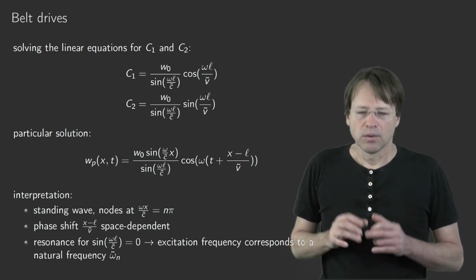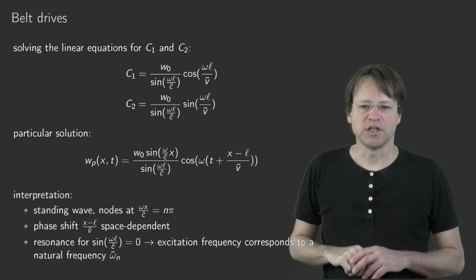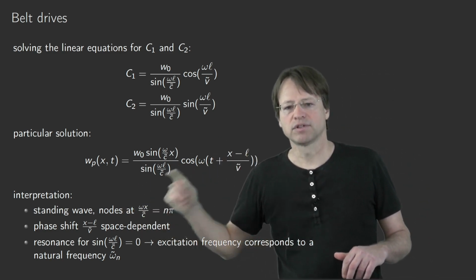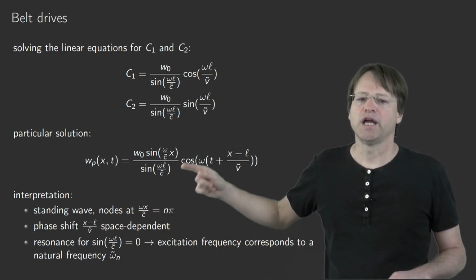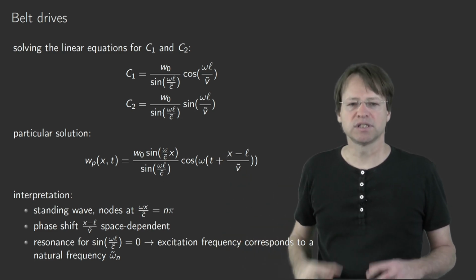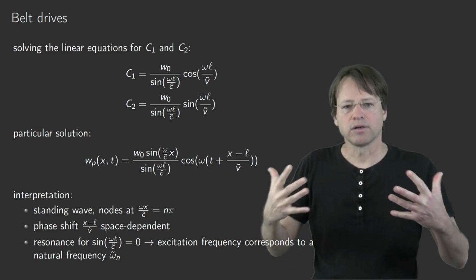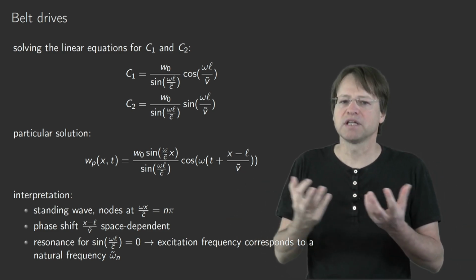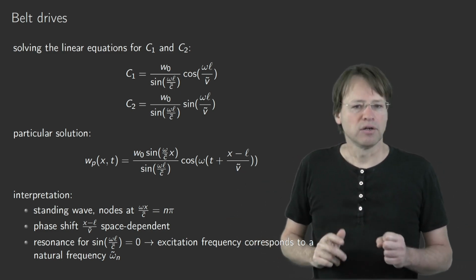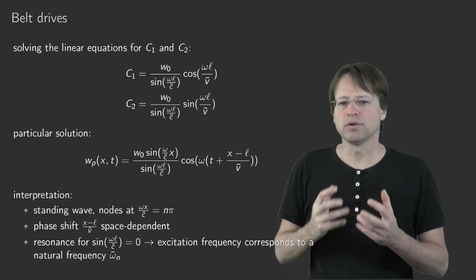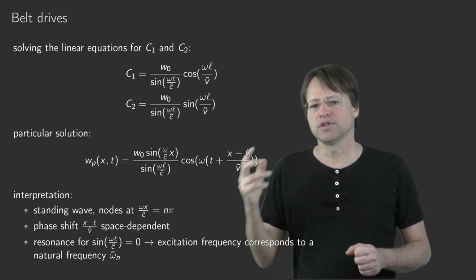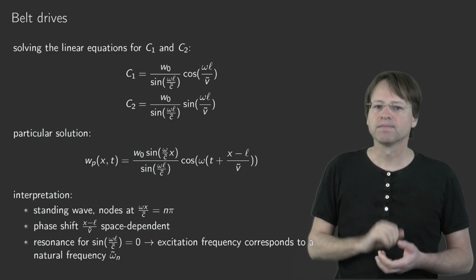So again, we see how these two interpretations, by waves on the one hand, and by natural frequencies and modes on the other hand, correspond, or how both interpretations are in fact needed in order to get a full picture, a full idea of what the physics of that solution is.